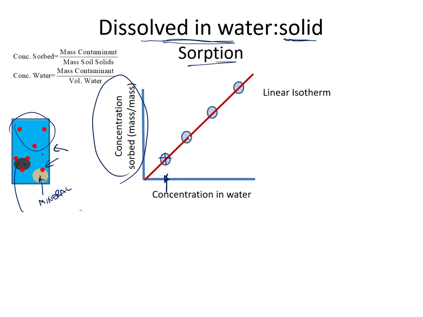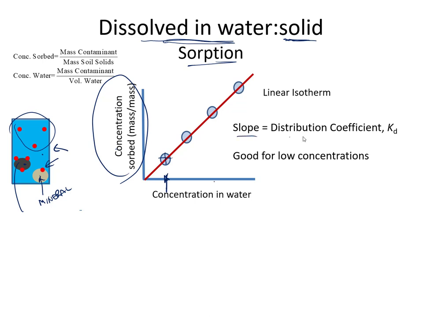And we repeat this. And at low concentrations, the concentration in the water to the concentration of the solid forms this linear plot, and we can fit a straight line to it, and we can get a slope to that, and the slope is called the distribution coefficient.